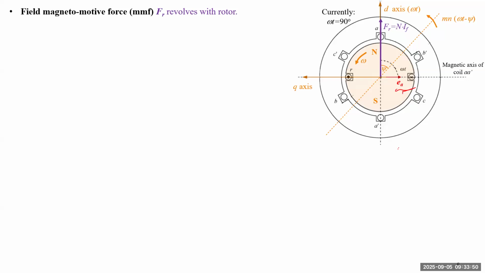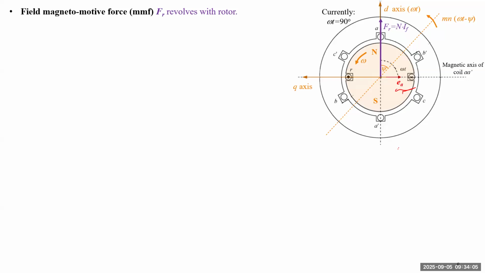We don't want to draw this figure every time we study a generator. We want to get rid of this figure, but use a much simpler concept to abstract a phasor representing this voltage.